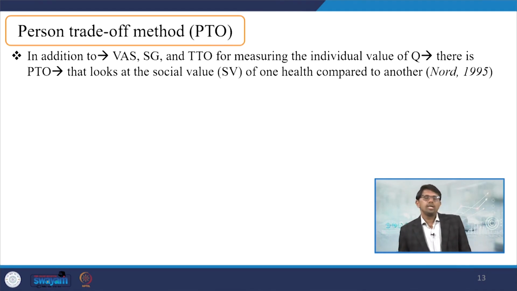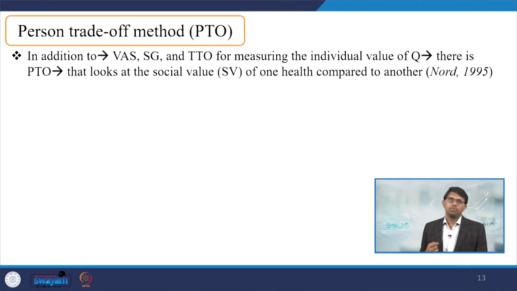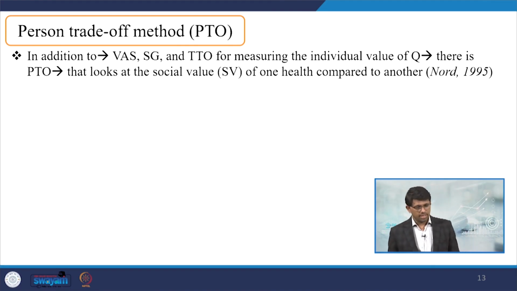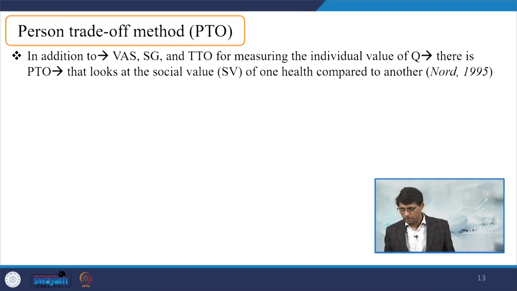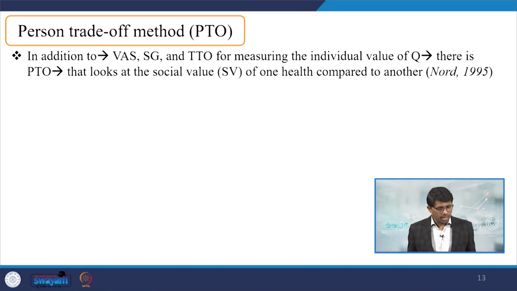Okay. Now, we actually discussed from a single person's point of view, not from a societal point of view. Here we are actually linking to how a person is trading off with the society. Okay. So, hence it is called person trade off method.